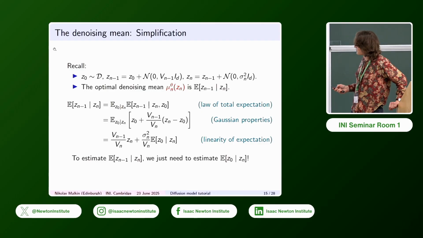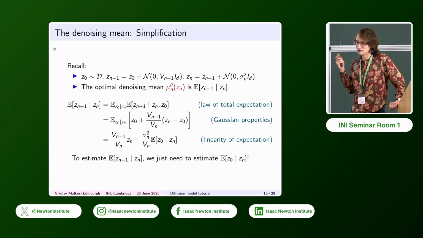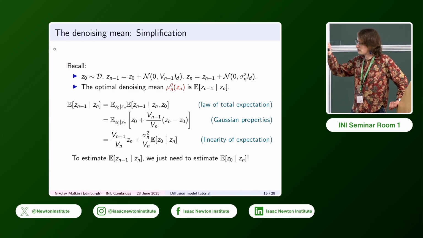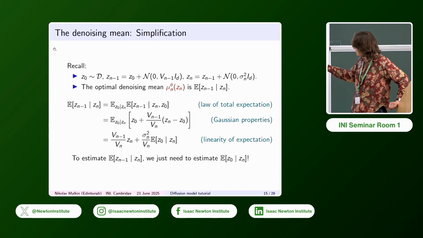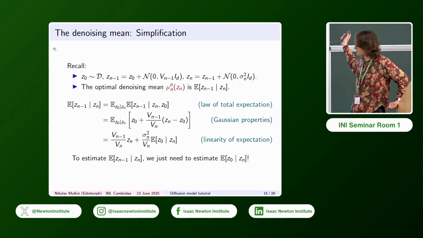So the mean of Zn-1 given Zn is actually a weighted average of Zn itself and the conditional expectation of Z0, the noiseless data, given Zn. The Vn's are fixed, the sigma n's are fixed. So this tells us that to estimate the conditional mean for one step slightly less noisy, we really just need to estimate the conditional expectation of Z0, the completely noiseless sample, given the noisy latent Zn.